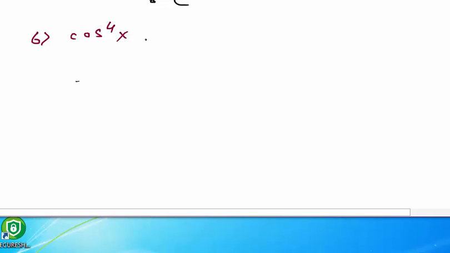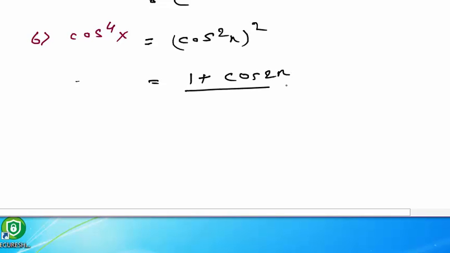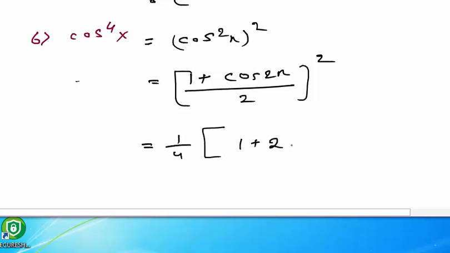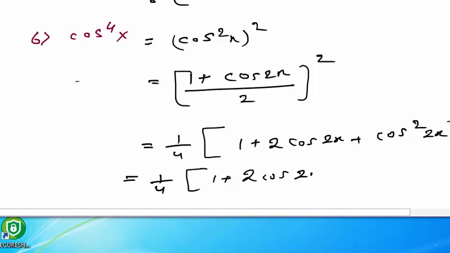So cos power 4x, you can write as cos square x the whole square. And this will give you (1 plus cos 2x) whole divided by 2, the whole square. When you simplify, you will get 1 divided by 4, (1 plus 2 cos 2x plus cos square 2x). Now again this cos square 2x can be simplified. So 1 upon 4, (1 plus 2 cos 2x plus (1 plus cos 4x) whole divided by 2).